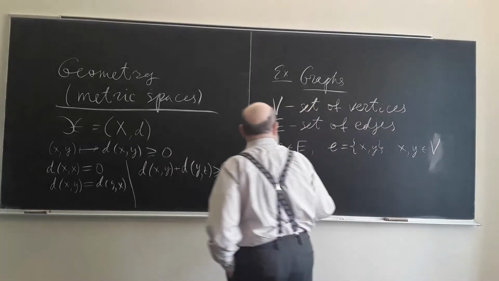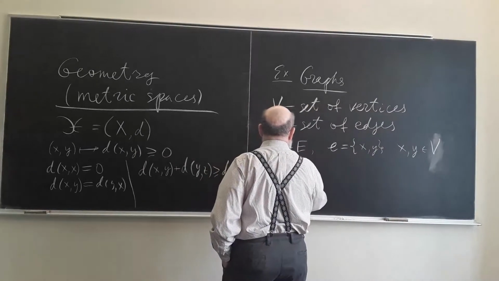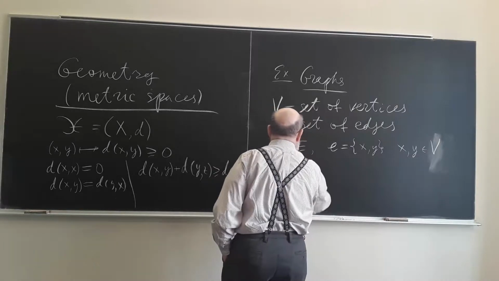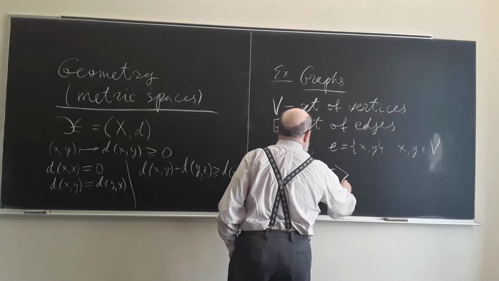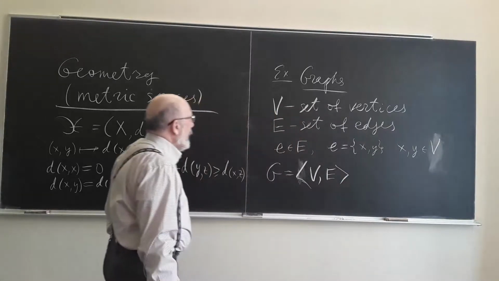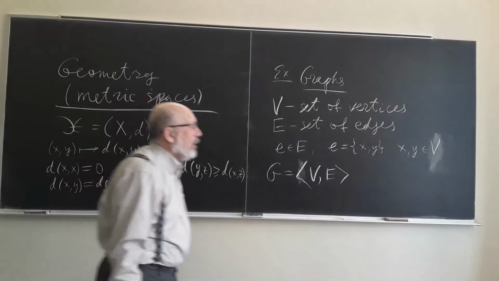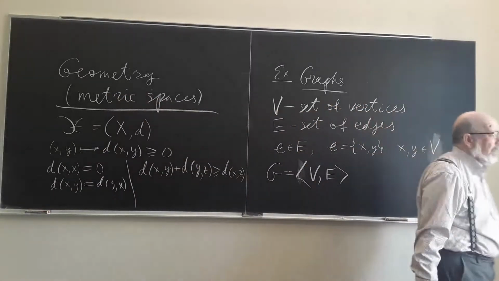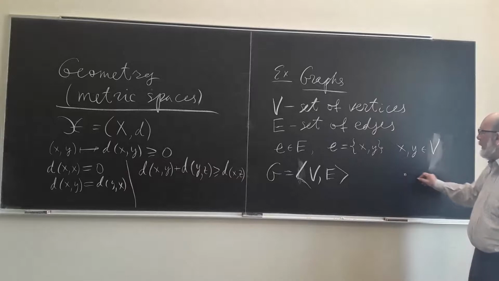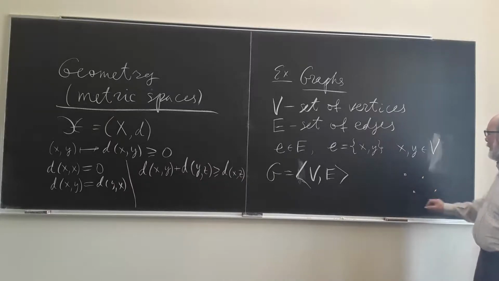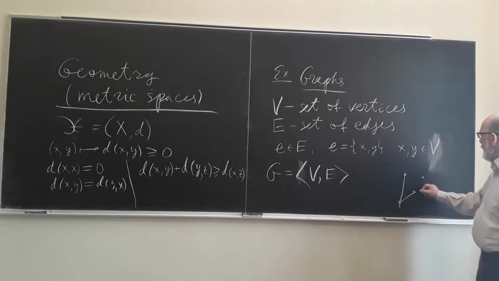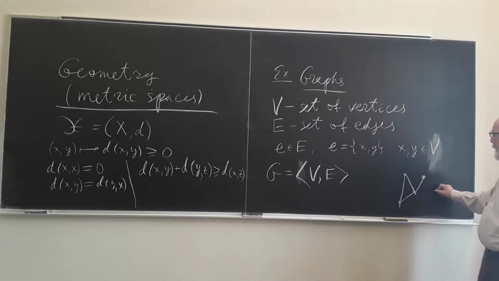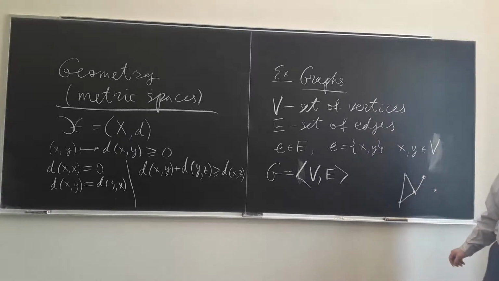Let me denote the graph of course by G. G is this pair V and E. In simple cases we can draw the picture. These are the vertices, and some of them are connected with the edges. Yeah. Maybe some vertices are idle.